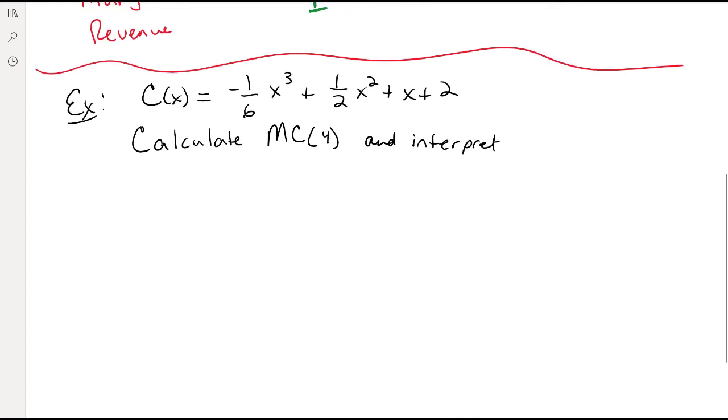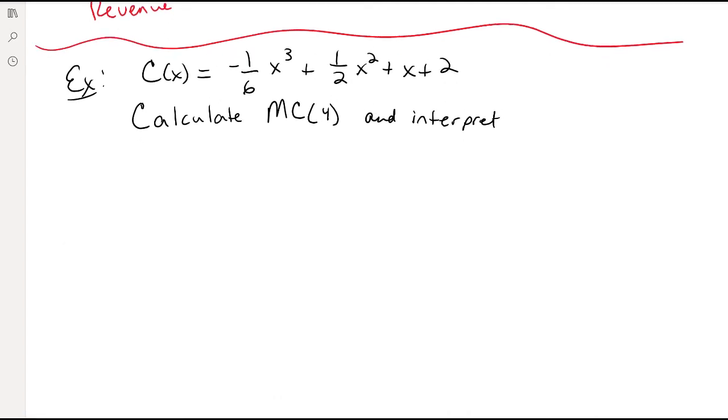All right, so here we go. First step is let's calculate the marginal cost function. For the reasons we just discussed, our marginal cost function, which is a function of x, will be the derivative of our cost function. This is just our standard derivative. We have negative 1/6 x to the third.